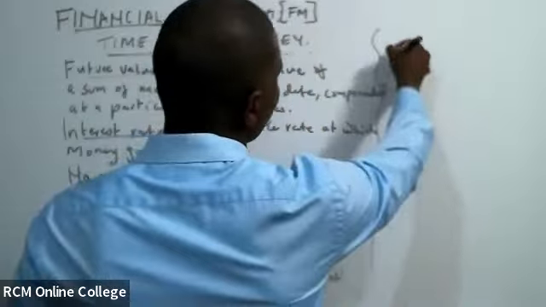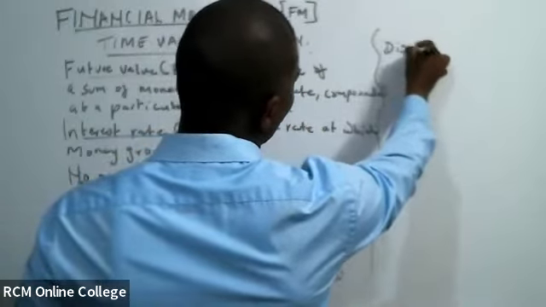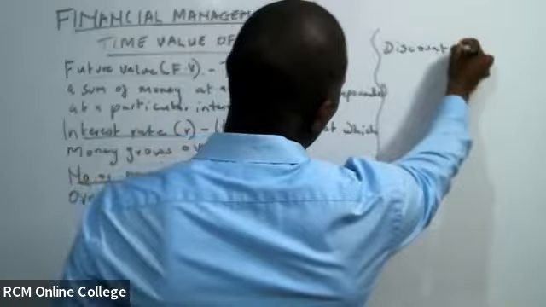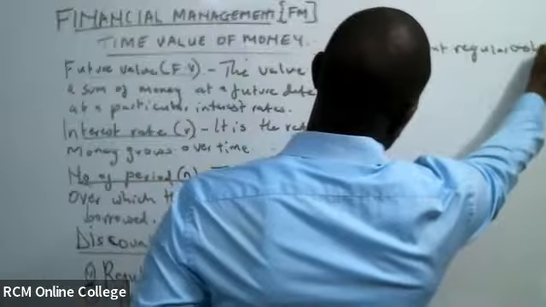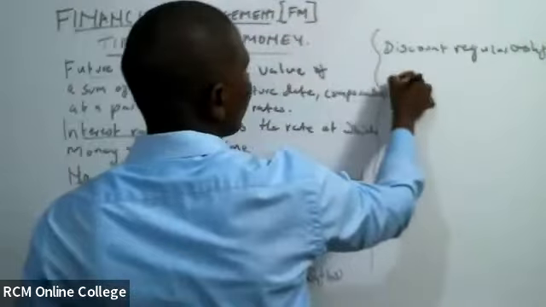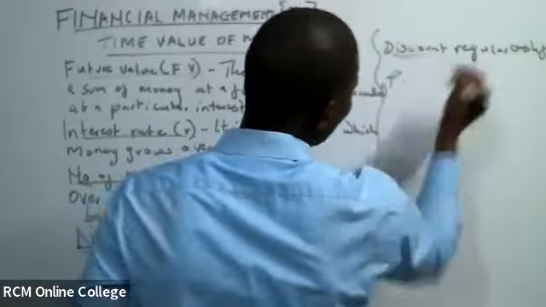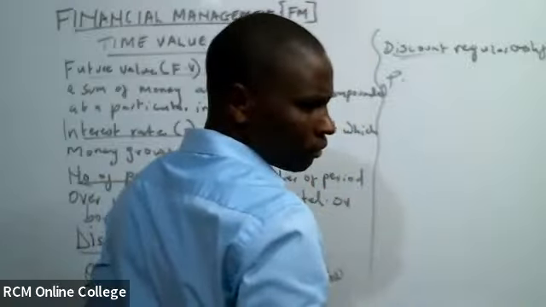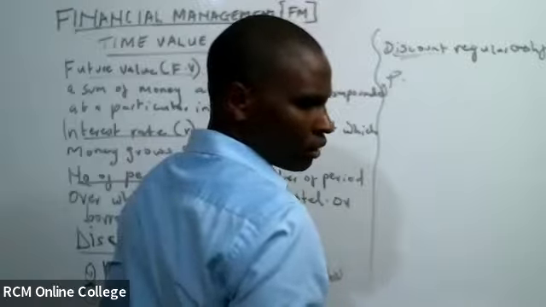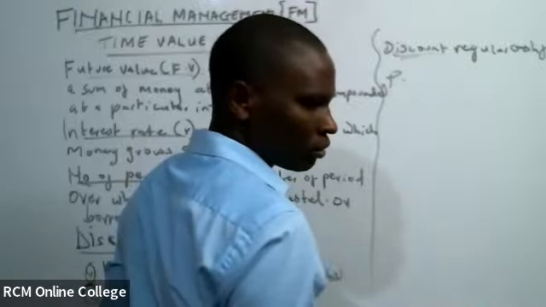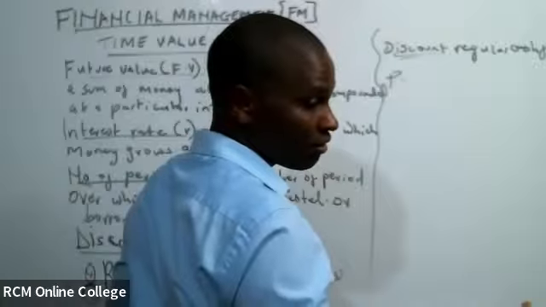So for instance, if I want to discount regular cash flow to get the present value. When I talk of discounting, it is to get the present value. Please note that if the examiner tells you to discount, the examiner wants you to get the present value.